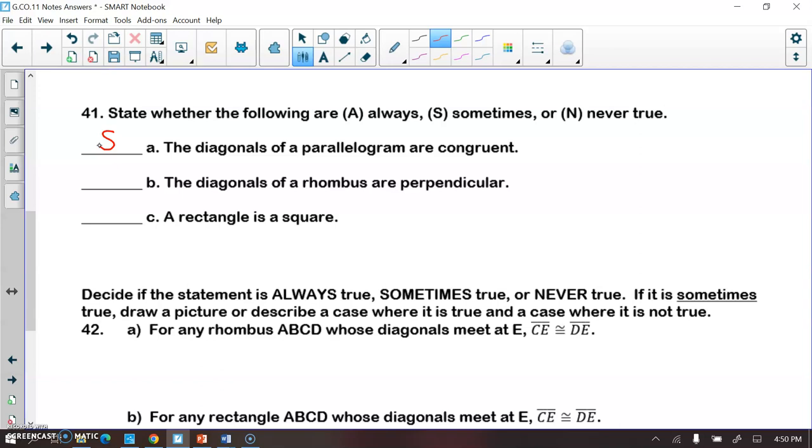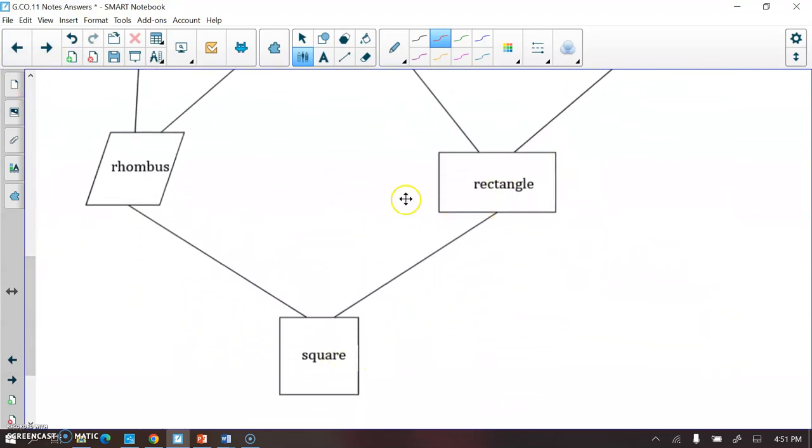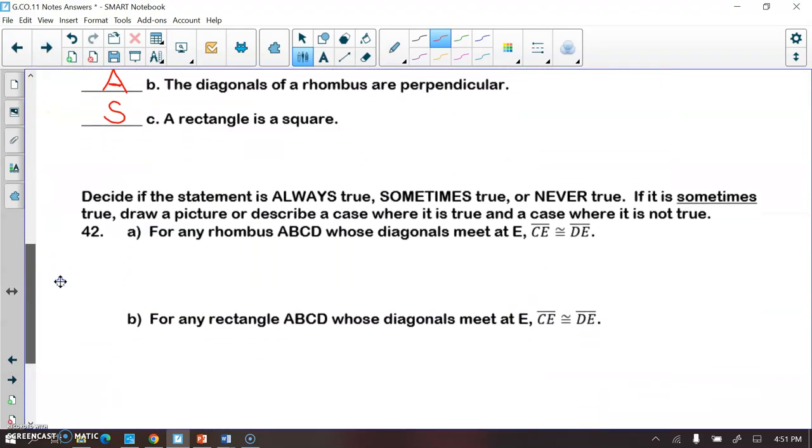The diagonals of a rhombus are perpendicular. That is a property of a rhombus. And a rectangle is a square. That is sometimes. Remember, if the shape lies above the other shape on the hierarchy, then your answer is sometimes. A rectangle is sometimes a square, but sometimes a rectangle is not a square because all four sides don't have to be congruent in order for it to be a rectangle.